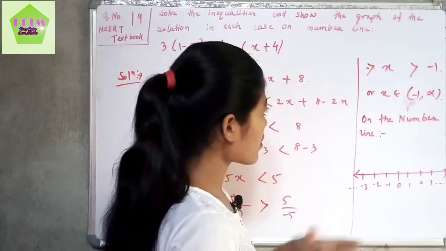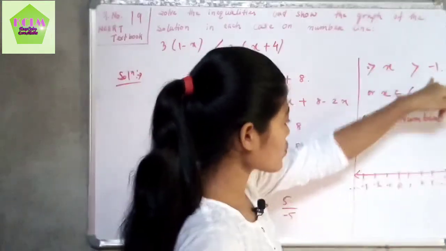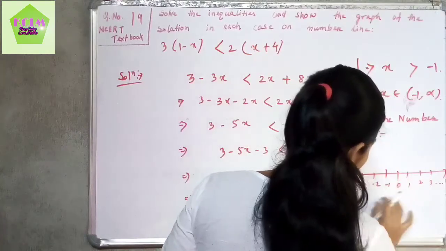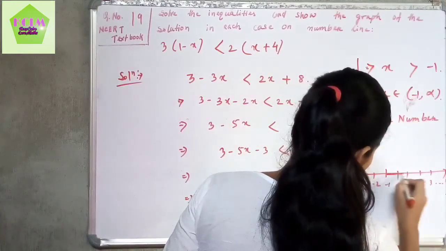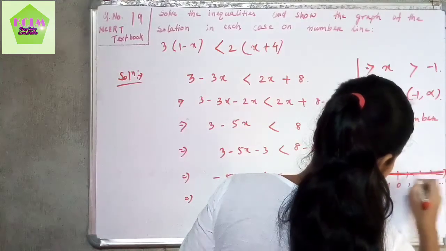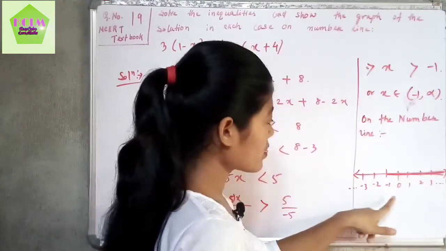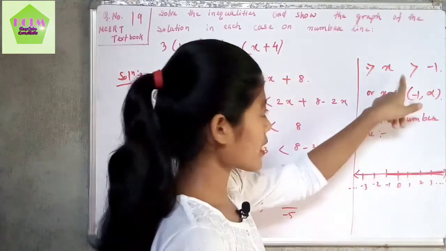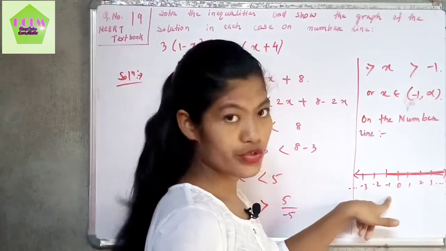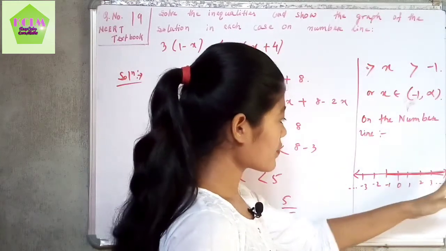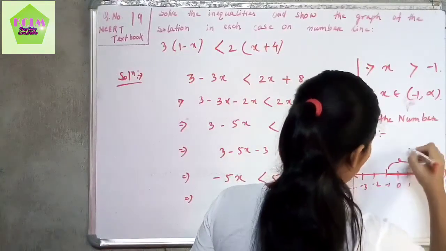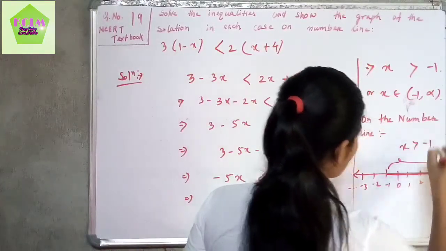Since the values of x are greater than minus 1, the solution will be on the right hand side of this point. But not including minus 1, since the sign is strictly greater than, therefore minus 1 is not included in the solution region, but the greater values than minus 1 are. So the solution region is this, x greater than minus 1.